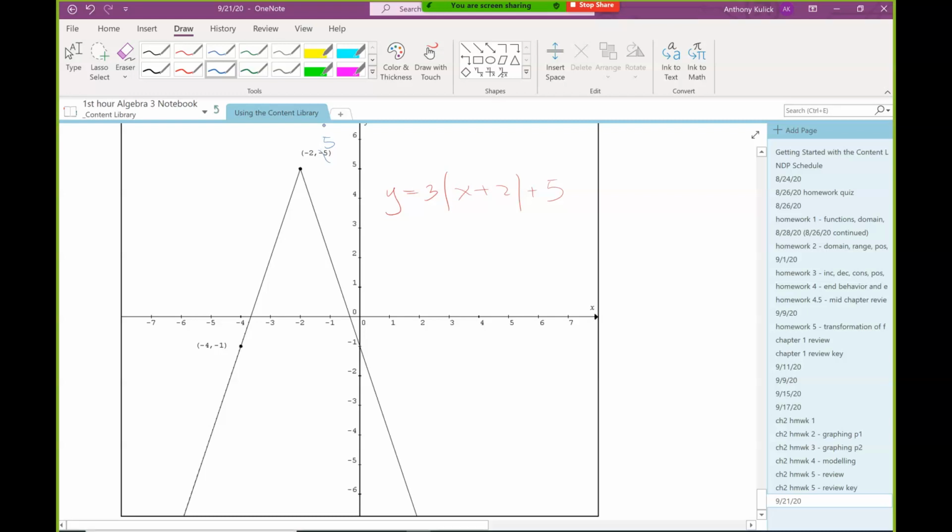All right. So h should be negative 2. K should be positive 5. Good gravy.